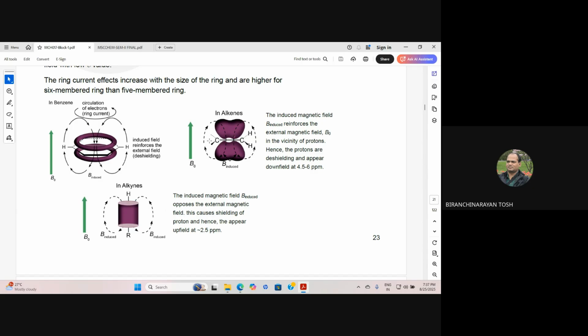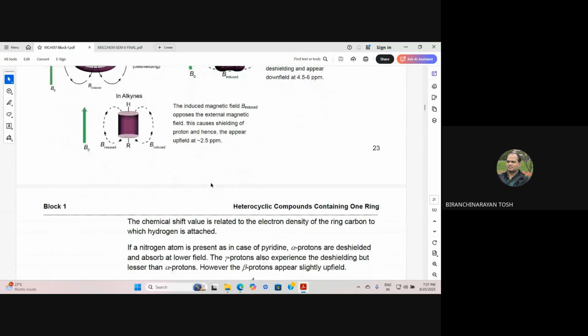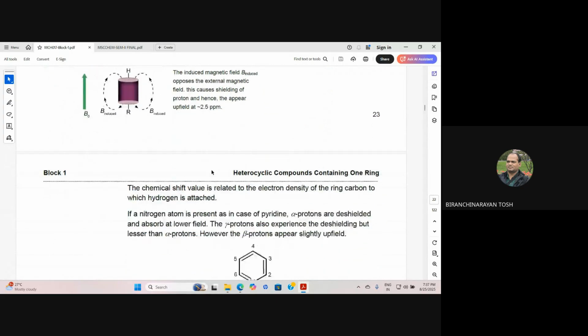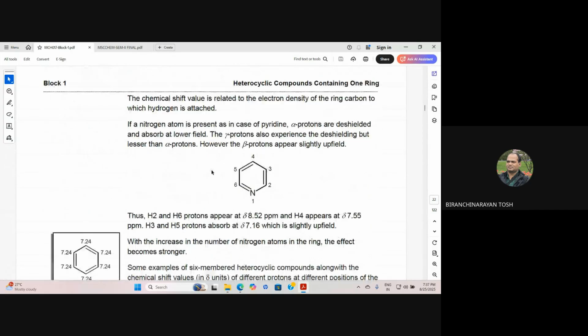But here, where the hydrogen is, it is opposite. So here there will be shielding, and it will appear upfield at 2.5. Here they are at downfield. So that is the fundamental in nuclear magnetic resonance.